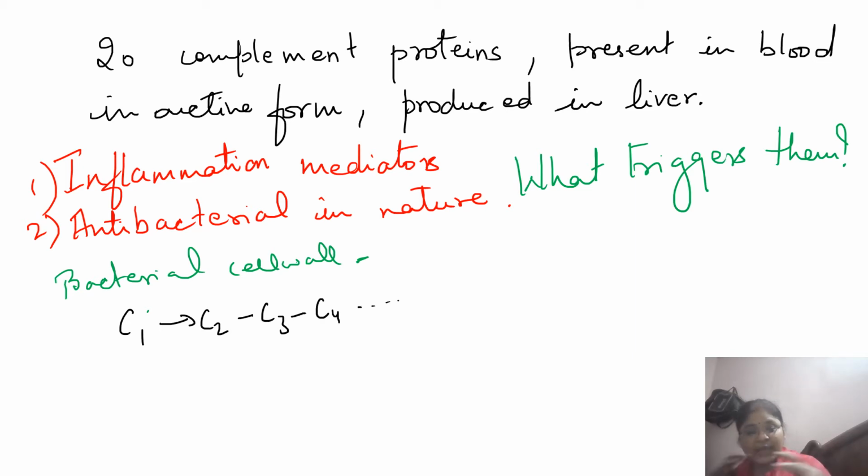So it's a cascade, a chain reaction, you can say. And in this reaction, these complement proteins form hollow tube-like structures. Suppose there is a bacterial cell around, what do they do? They create these tube-like structures, creating holes in it.